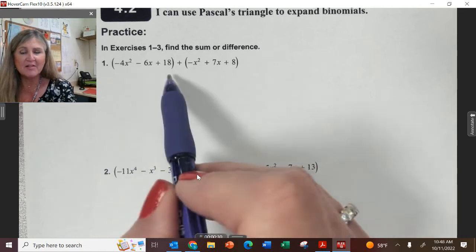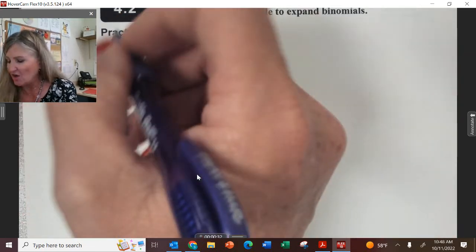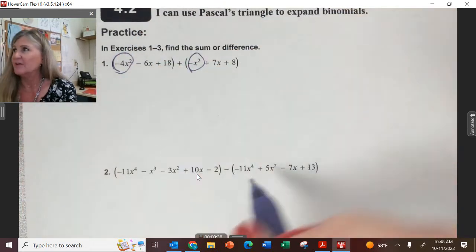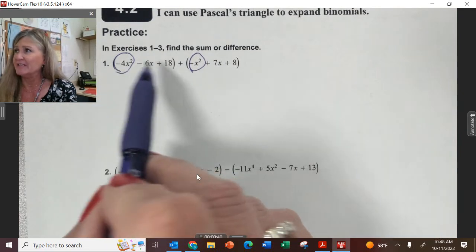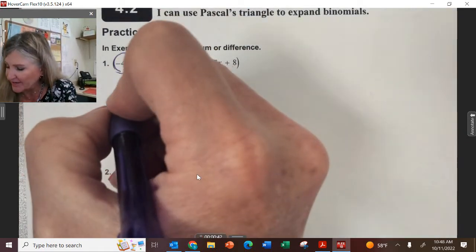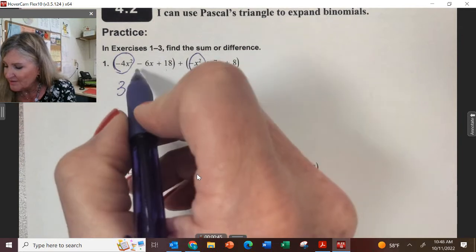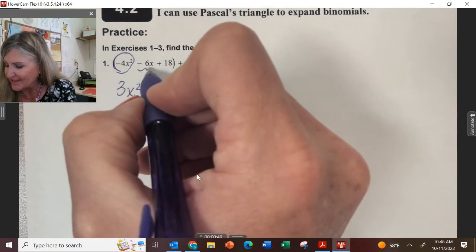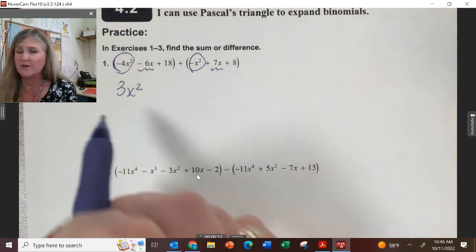If we're adding polynomials, it's really not that difficult. We're just going to combine our like terms. So here's our first term, here's our second term. We're just going to add those because they're alike, so that gives us 3x squared. The next type of term we have is just the x terms, and we're going to combine those.